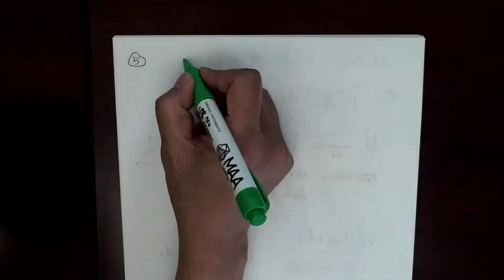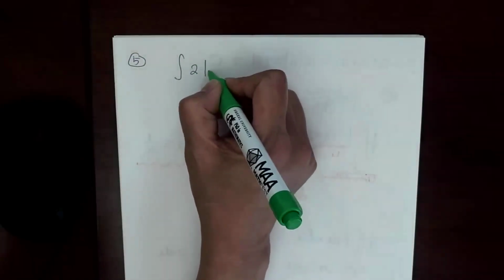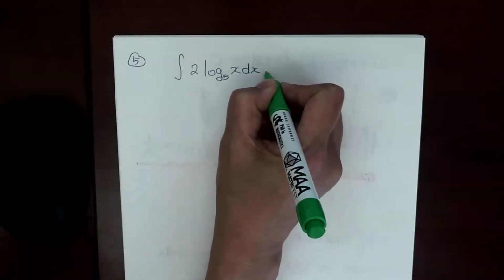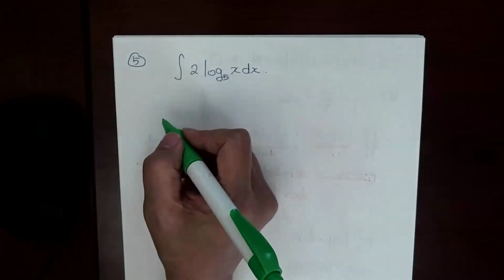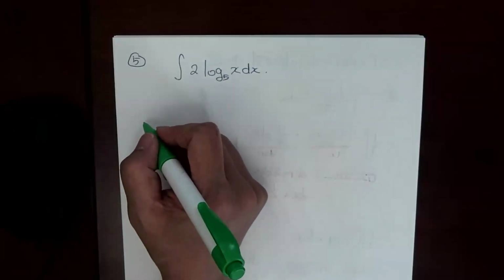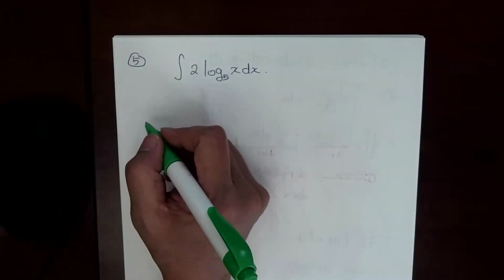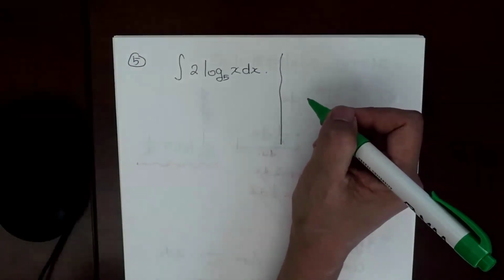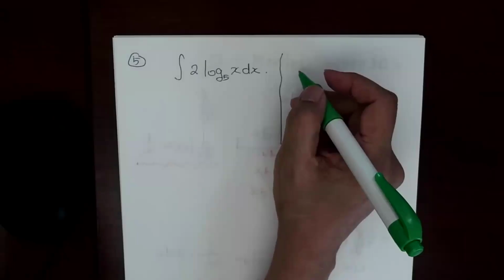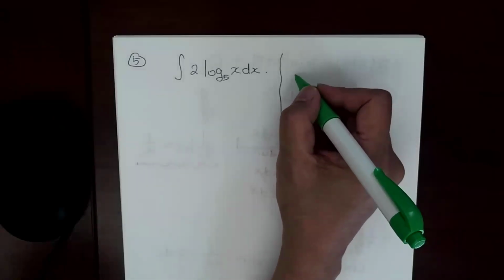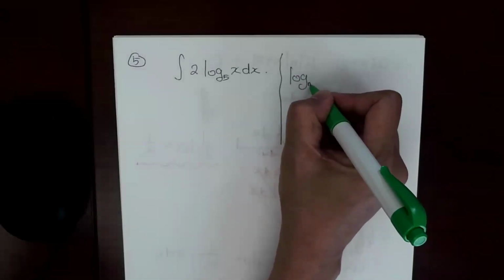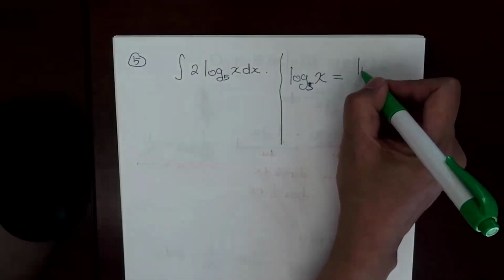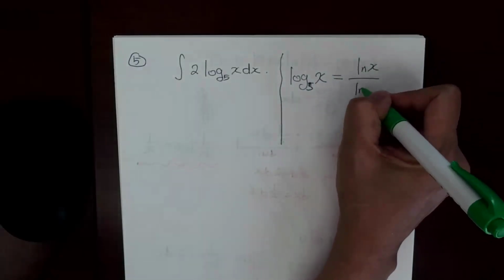The next one is integration 2 times log base 5 of x dx. In this case, the log base 5 is the problem, but in college algebra, you learned the change of base formula. So that is natural log of x over natural log of 5.